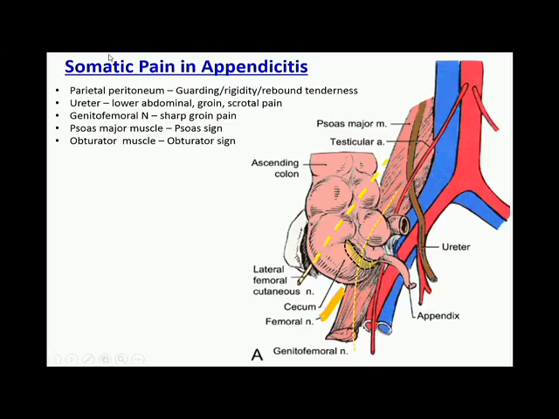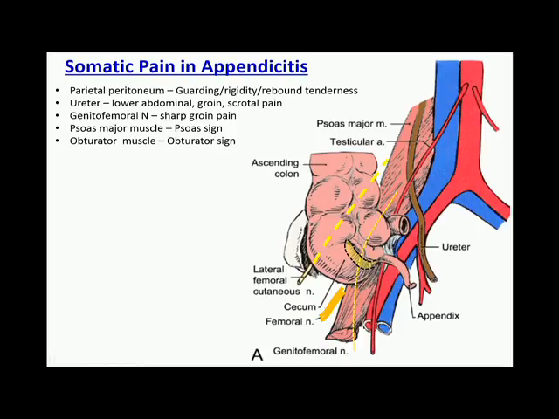The ureter can be affected if the appendix is longer and projects into the pelvic cavity. We call this a pelvic appendix. If the appendix is longer and is going right into the pelvic cavity, it can occur in some people. It can come to lie close to the ureter and it can overlie the ureter.